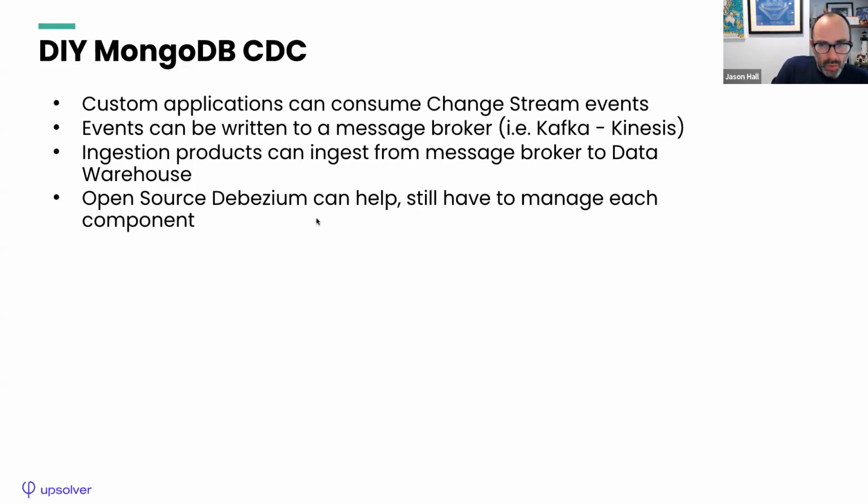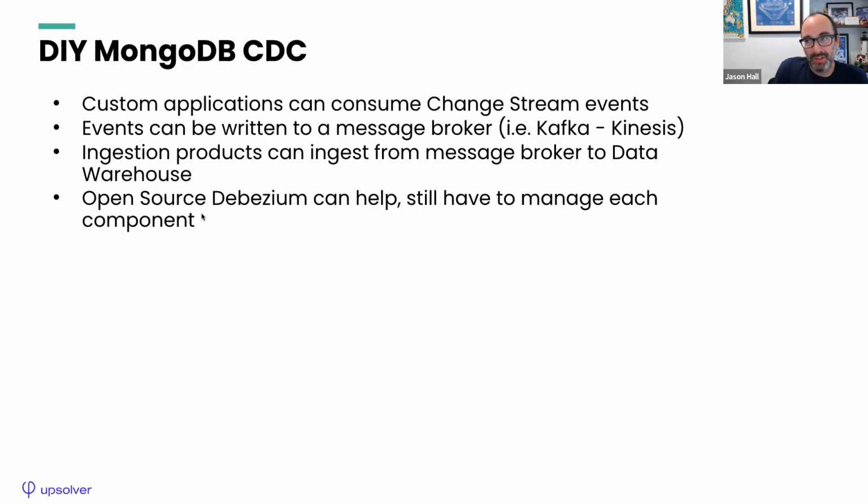So with a few services, right, change streams themselves, some sort of custom application, some sort of message broker, and then some sort of ingestion process, you can get data from MongoDB into whatever data warehouse you might need to write data into. Now, there's an open source platform called Debezium, which can actually simplify this architecture a little bit. Debezium is a very popular open source CDC platform.